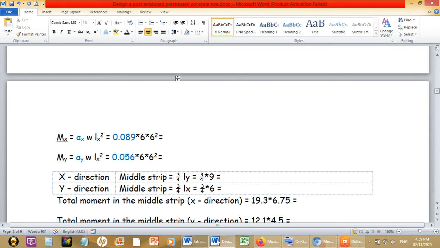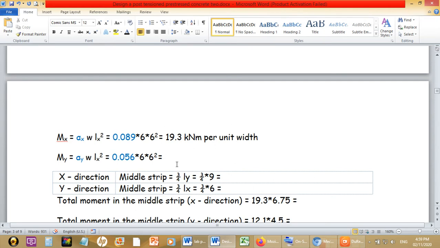Now the alpha x value from table 26 is 0.089. W is nothing but 6 kilonewton per meter square, and Lx, the shorter span, is 6 square. If we do the calculations, we get the answer as 19.3 kilonewton meter per unit width. So this is the moment for unit width.